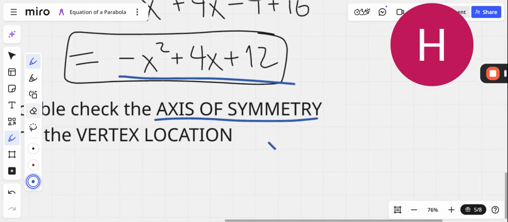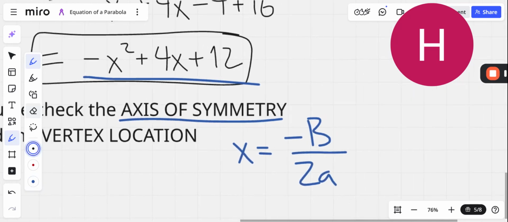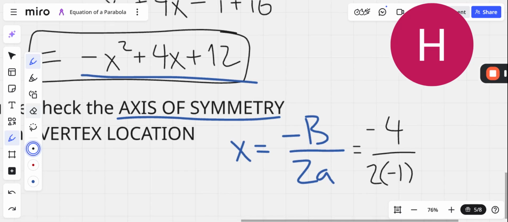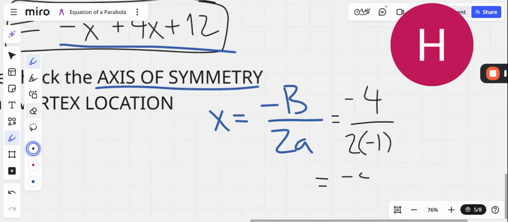We say that the axis of symmetry is located at negative b over 2a, which in this case would be negative 4. See the plus 4? That's your b. Negative 4 over 2 times negative 1. See here that negative 1 is your a value. And that should give us negative 4 over negative 2, which is positive 2. That is indeed the axis of symmetry that we found.